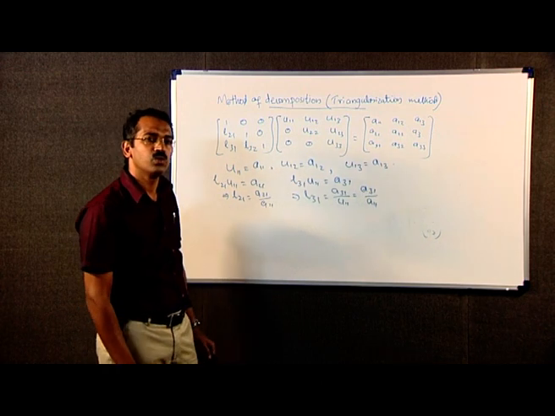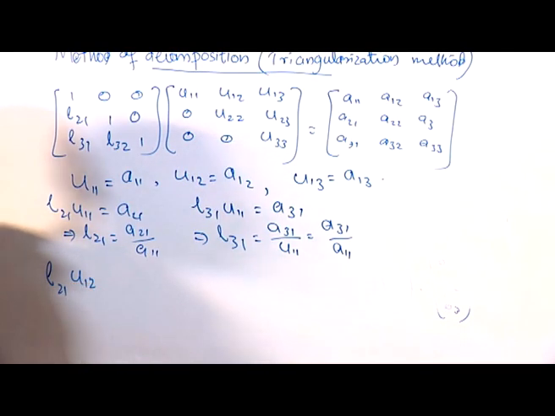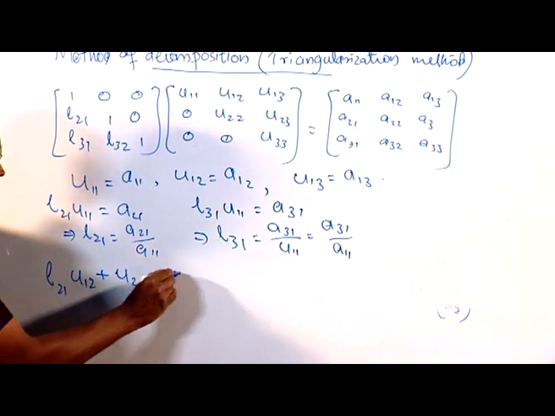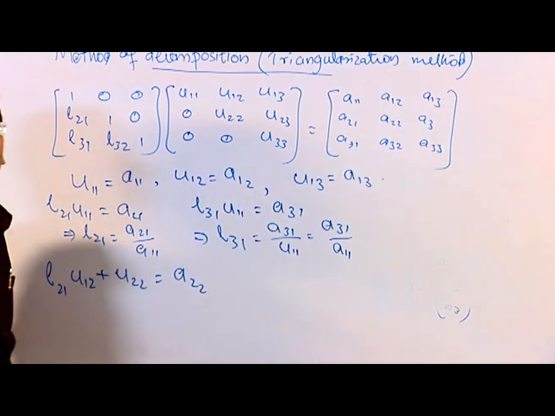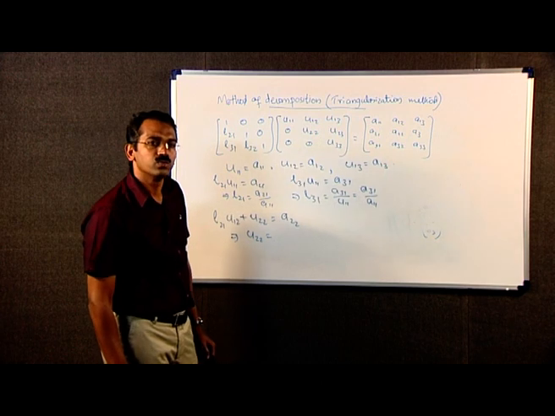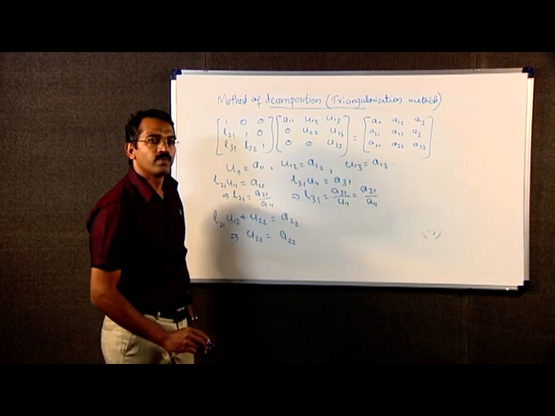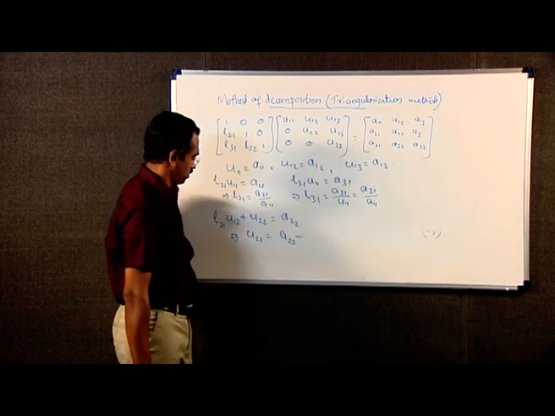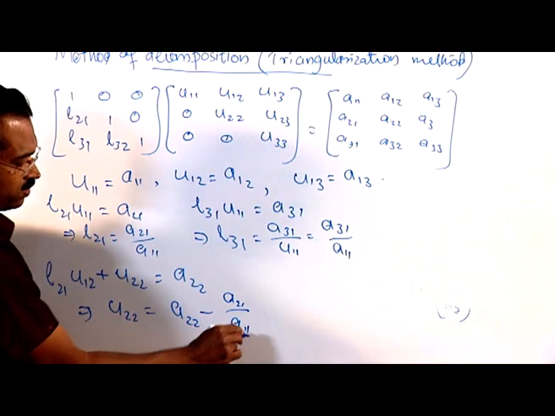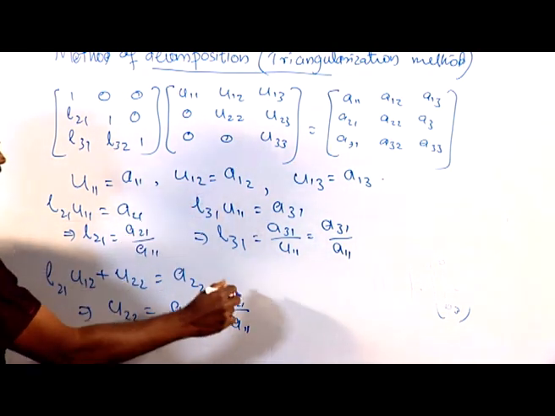Now, L21 into U12 plus U22 is equal to this entry A22. This implies U22 is equal to A22 minus A21 divided by A11 into U12. U12 is A12.